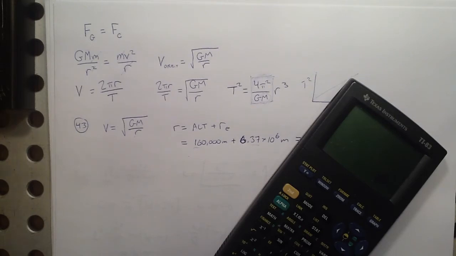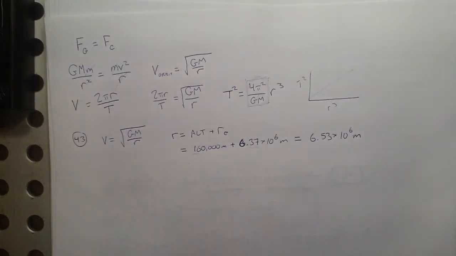There it is. Mass of the Earth, 5.98 times 10 to the 24th. And they used this number, 6.37, so I remembered that.